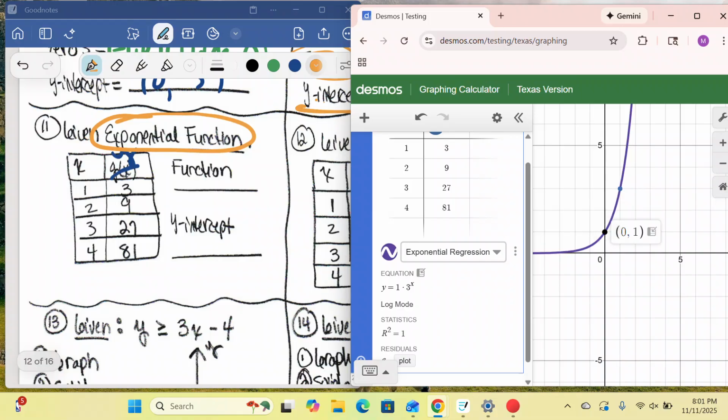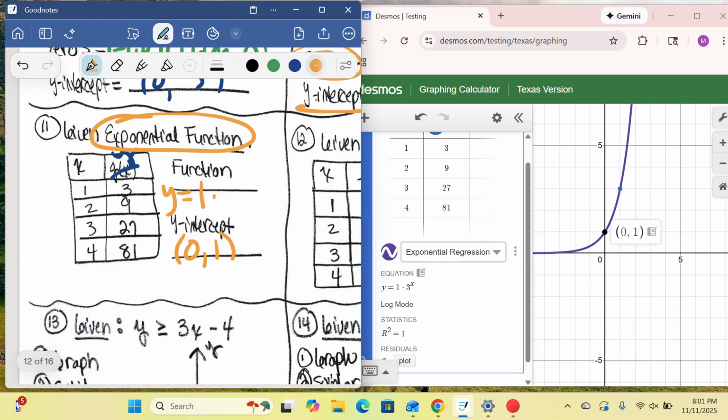But the one that I'm really concerned about is my y-intercept. That is where it crosses the y-axis. It is 0, comma 1. And my function is right here under equation, y equals 1 times 3 raised to the x. And how can I know that this is an exponential function?